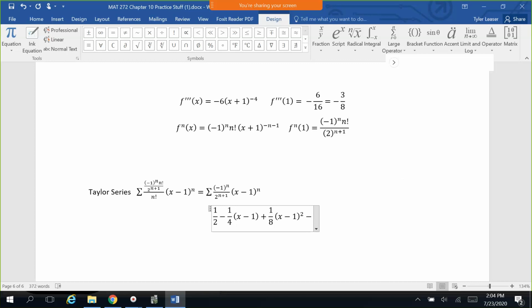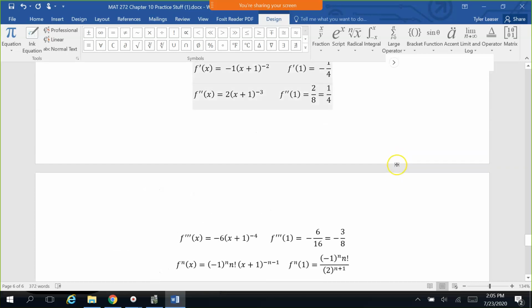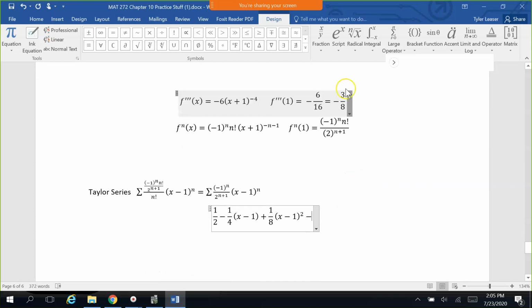That's going to be minus, what was the next one? 3/8, I think? Yeah, 3/8. But that's going to be divided by 3 factorial, which is 6. 3/8 divided by 6 is 1/16. That's going to have x minus 2 squared on it. And then so on and so forth.